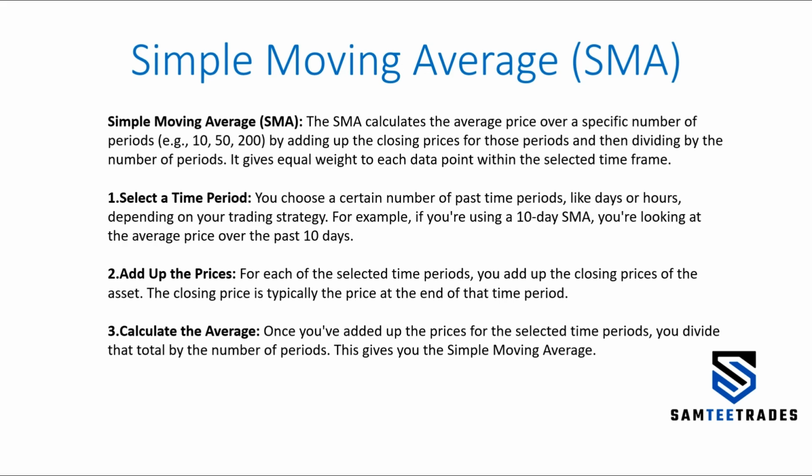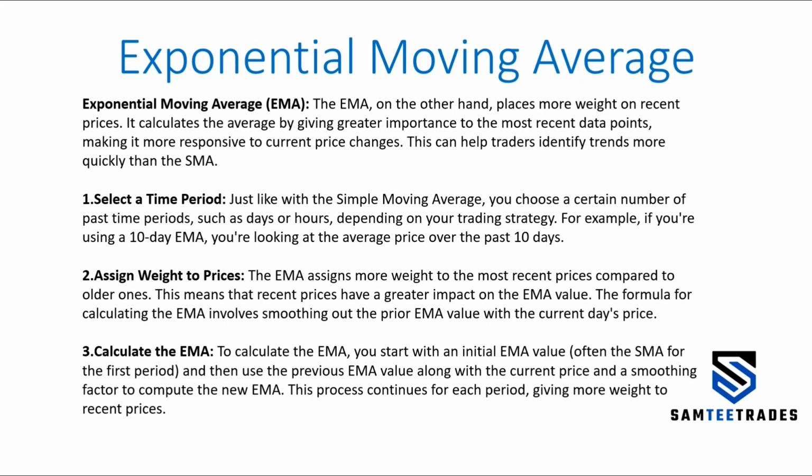Now, what's the difference between a simple moving average and an exponential moving average? The exponential moving average, in my opinion, is the better one to use. It places more weight on recent price. It calculates the average price and gives greater importance to the most recent data, so it's a bit more responsive to what's going on in the current market.